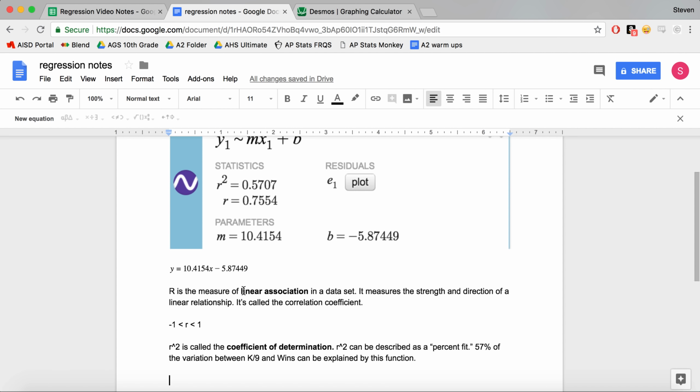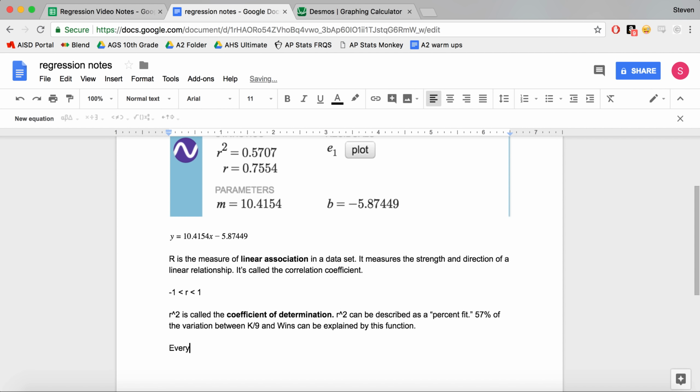So in the context of this situation, we can deduce that for every 1 increase in strikeouts per game, the team is expected to win approximately 10 more games.